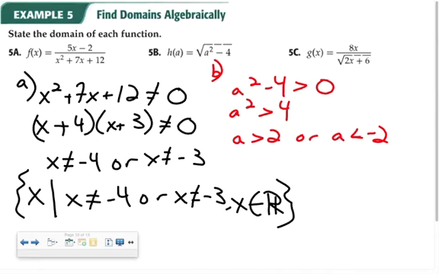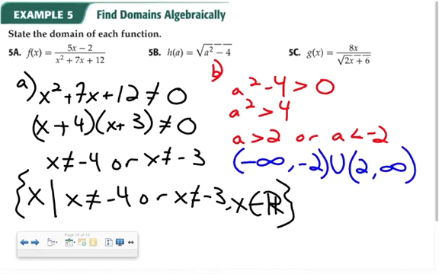Okay, so my interval starts at -∞ to -2 and unites with +2 to +∞. And that's part B.